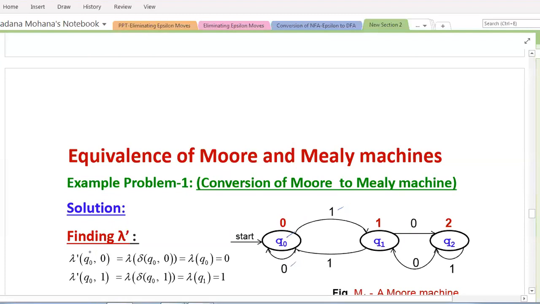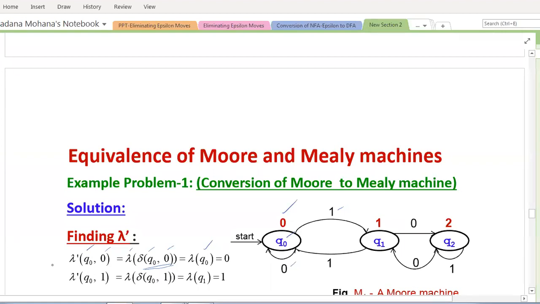So λ'(Q0, 0) equal to, this can be written as λ(δ(Q0, 0)). First find out this value. δ of Q0 on 0, it is going to Q0 itself. Now you can see λ of Q0. So what is λ of Q0? 0. So that output can be written here.